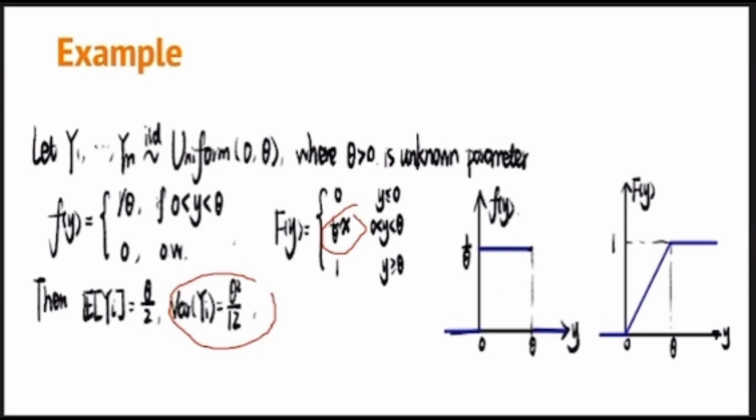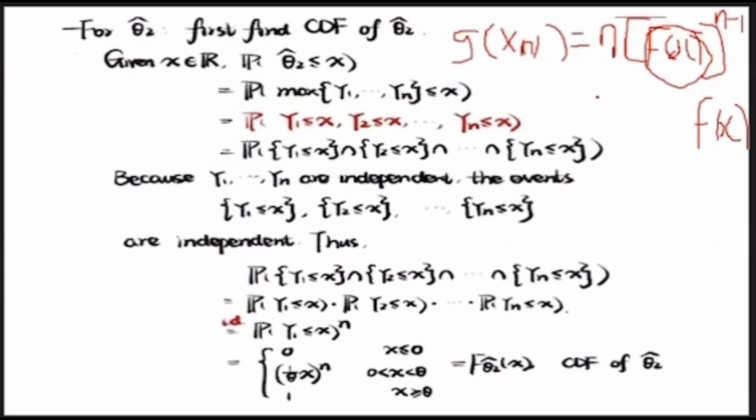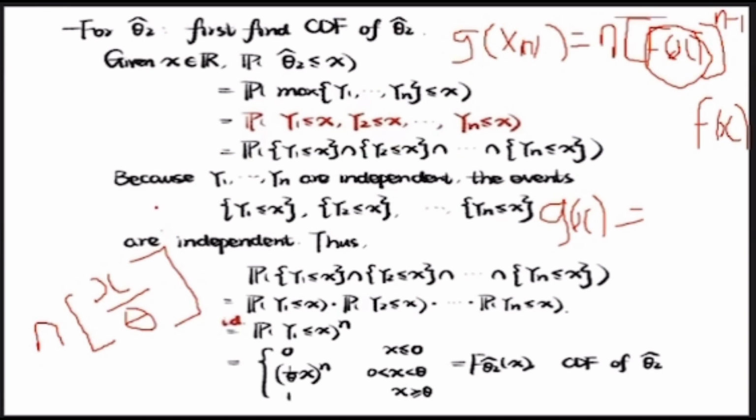All I'm just going to do is write G of x equals n times x over theta, raised to power n minus 1. Then what is f of x? 1 over theta.